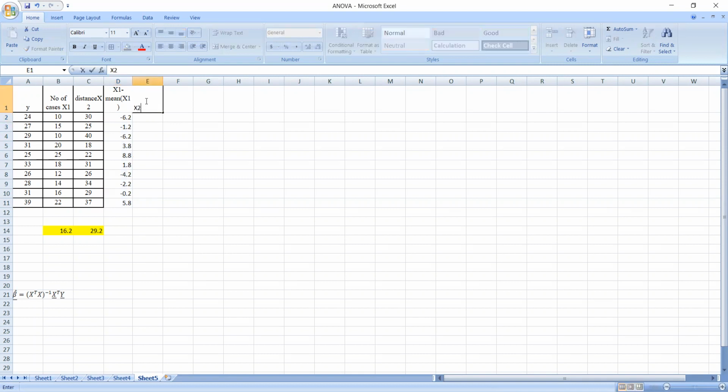We take the x2 value and subtract the mean value of x2, which is 29.2, from each and every observation, and then we can consider the x2 minus x2 bar values. So now we have two new columns, x1 minus x1 bar and x2 minus x2 bar.